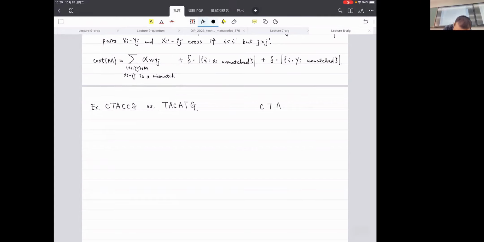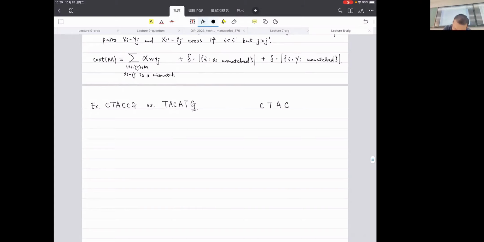So there is a C here, a G here, and actually a G here. A possibly good way to do this is to have a C here, a G here, and maybe a T here.